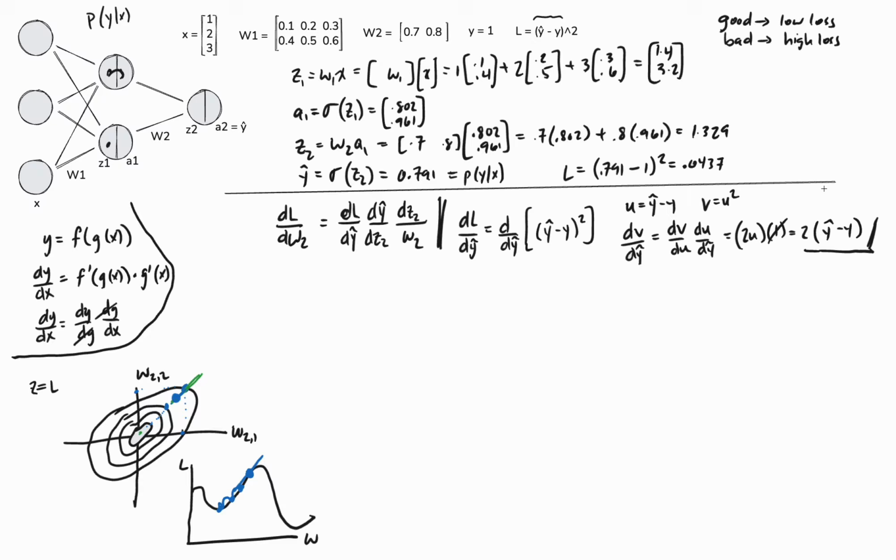This is the derivative of L with respect to y hat. Anyways, so dy hat over dz2. Let's compute this term now. And what's y hat set to? Sigmoid.